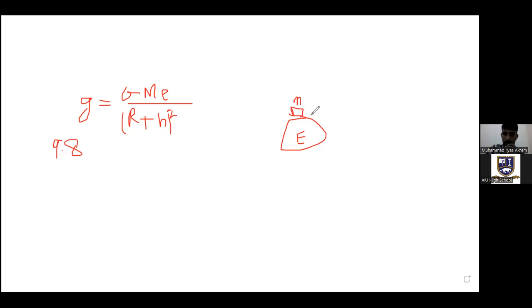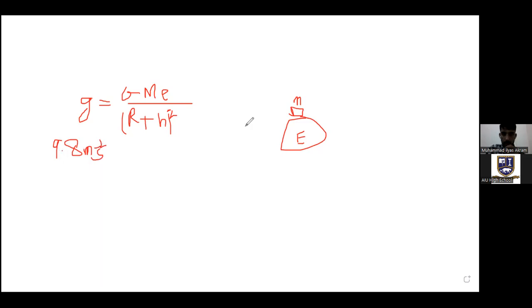Okay. So we can say that this is the mass of some object, and here is the Earth, and the Earth always attracts another object by the force of gravity. The value of g is equal to 9.8 meter per second square.